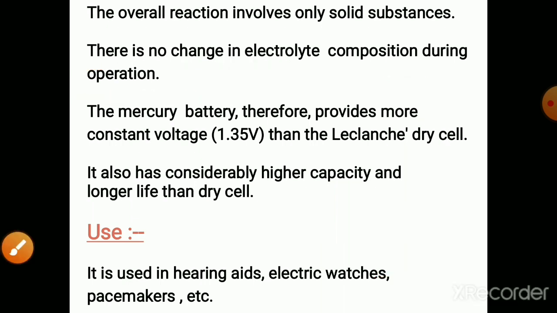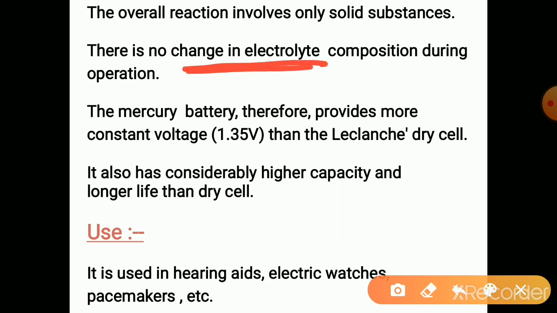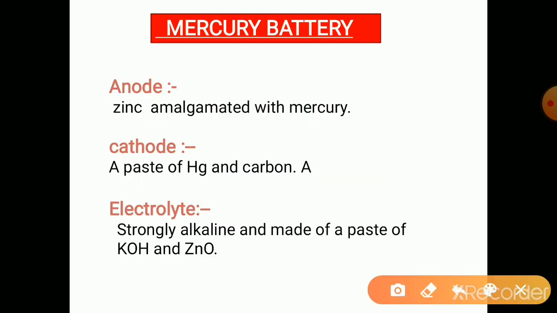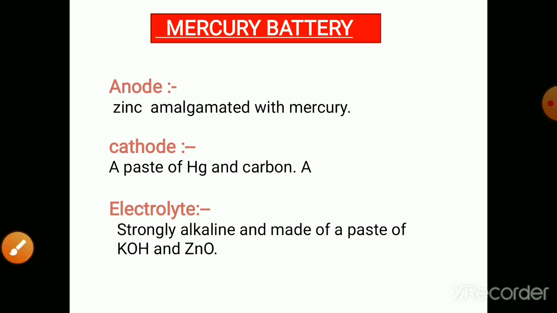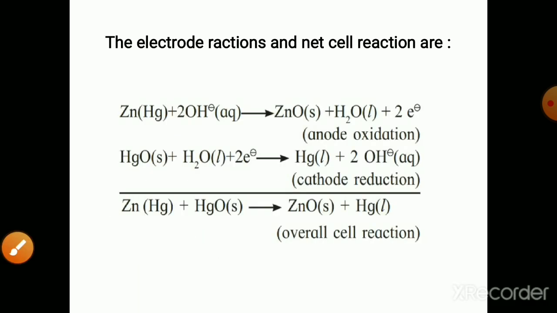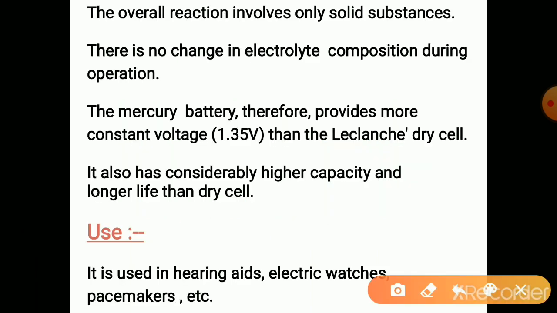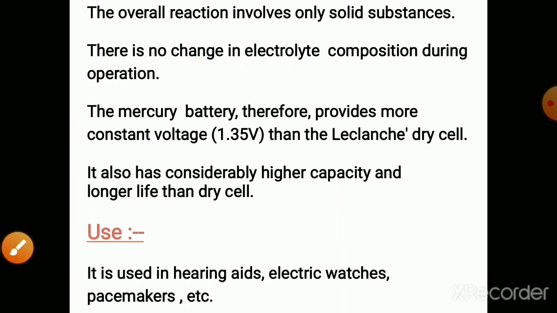The electrolyte is a strongly alkaline paste of KOH and zinc oxide, and the product is zinc oxide, so there is no change in the electrolyte composition during operation.